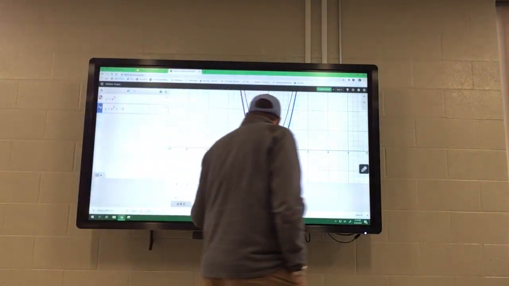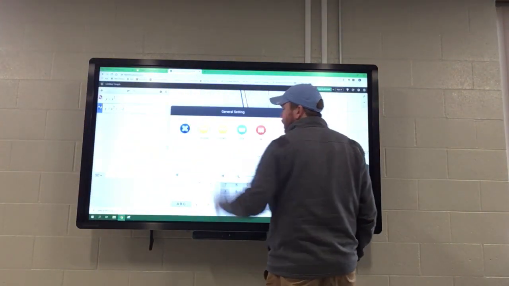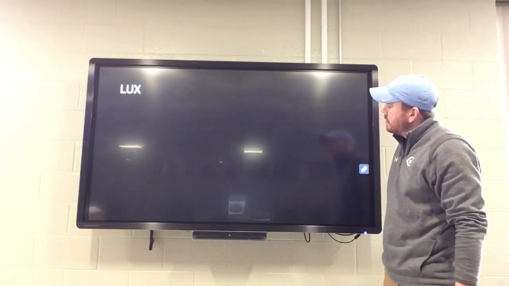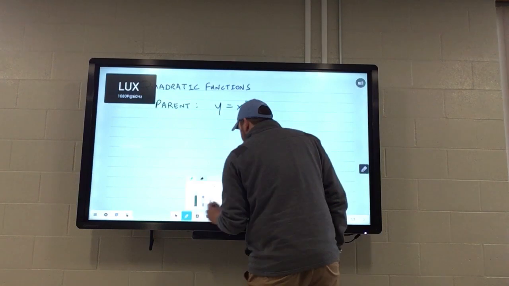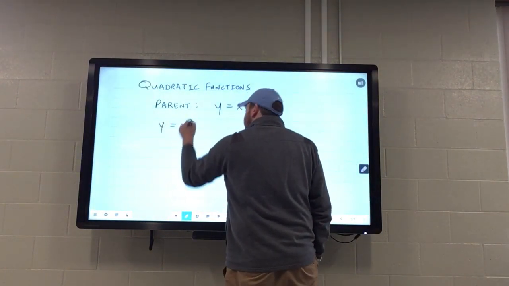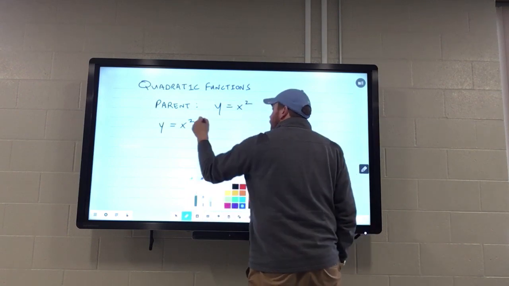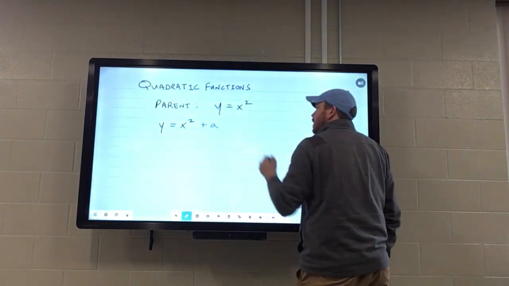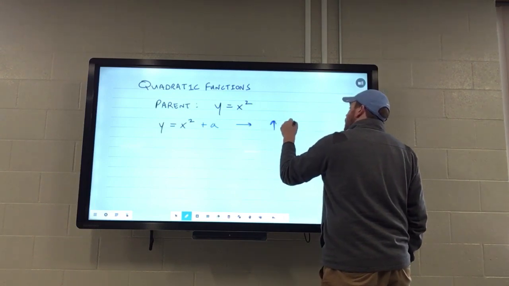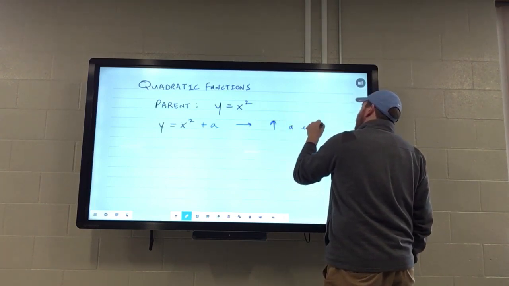So the first thing I want to write, when we go back to our notes here, I'm going to be switching back and forth a lot, so please be patient, is if we take that parent function, y is equal to x squared, and we add some number a, that causes our parent function to go up a units.